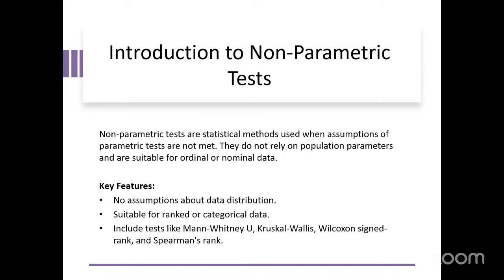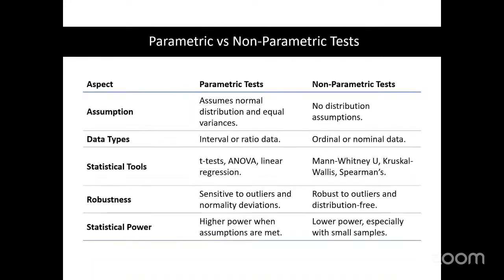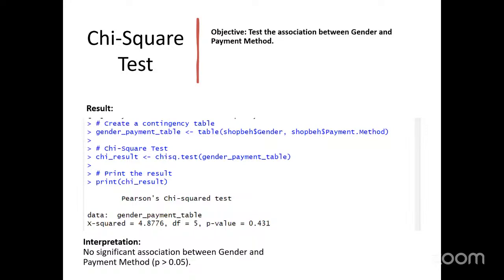The introduction to non-parametric statistics we have understood from Akshita's PPT. And now I am coming to this very, very important exploratory type of data analysis, where we have to find out the chi-square between the gender and the payment method. So you know that people are using different types of payment method.